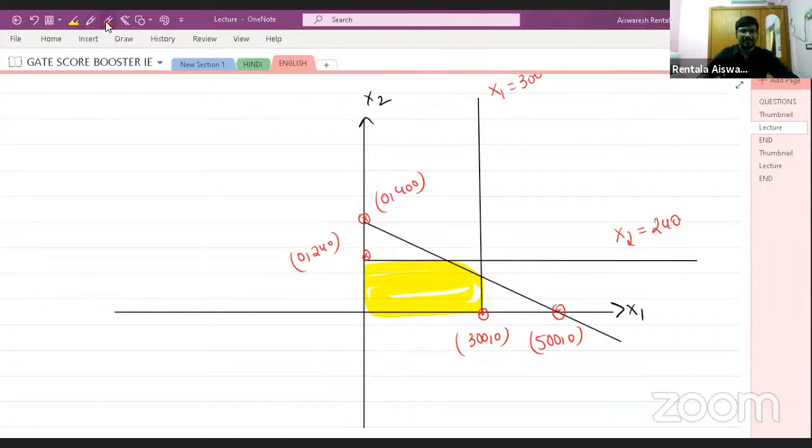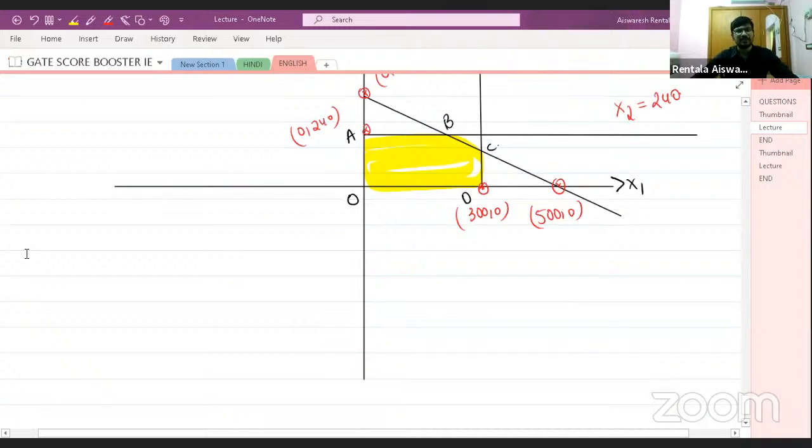So let me name the points. I think you have to calculate 2 points. So O, let us say A, B, C, and let us say D. Okay. Please let me know all these points. Let me write the points first.